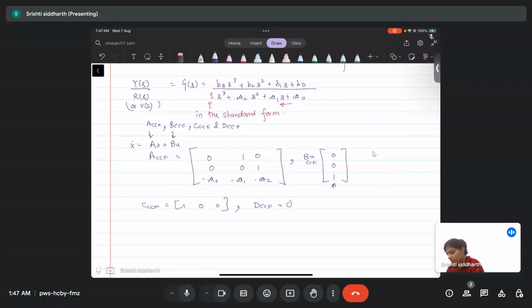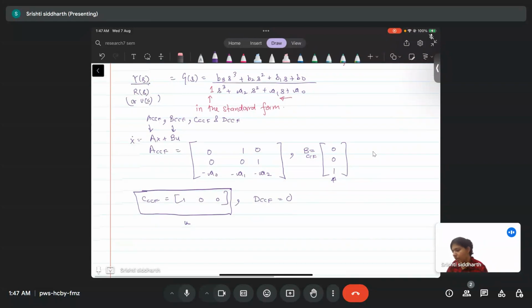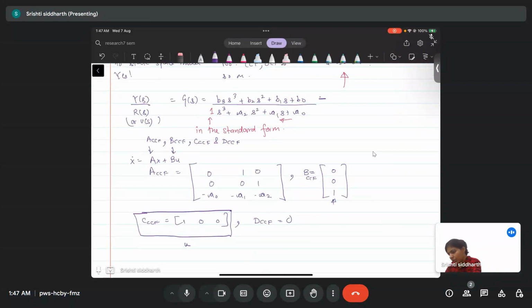So this was the case when only u was present on the right hand side of the differential equation. But from the numerator of the transfer function, you can see that there are some other terms. It's not just b0 anymore, it's the first derivative of the input, the second derivative of the input, and the third derivative of the input.